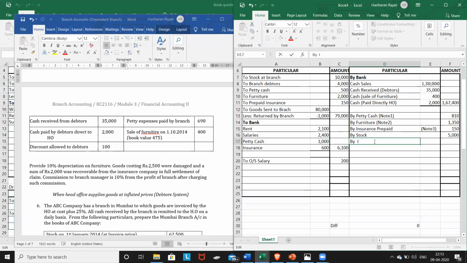It has to be submitted or sent to the head office. Insurance claim received is 2000.